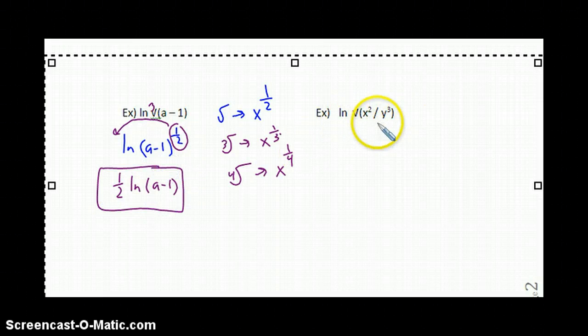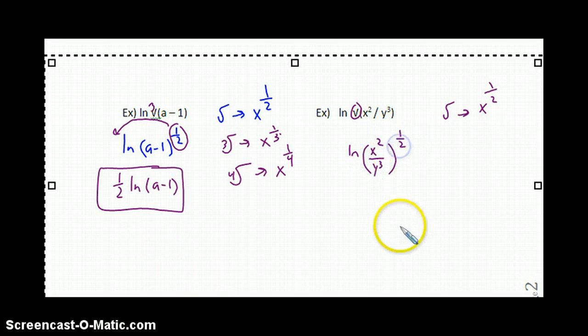Taking a look at the next one, what I'm noticing right away is that I have a radical that I can write as an exponent. So I'm going to change my radical to an exponent raised to the 1/2. So the natural log of x squared over y to the third, all raised to the 1/2. Now the next thing that I recognize is that both of these terms, the numerator and the denominator, are being raised to the 1/2.